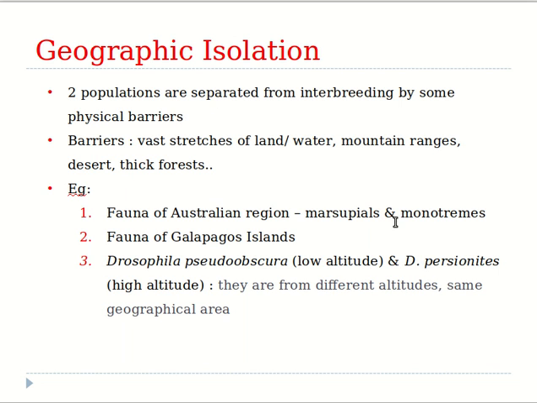Then regarding the fauna of Galapagos Islands, a very unique faunal distribution can be found there. The Galapagos Islands are situated on the equator, about 900 kilometers west of Ecuador in South America. The islands were formed by volcanic action, and initially were without any life.